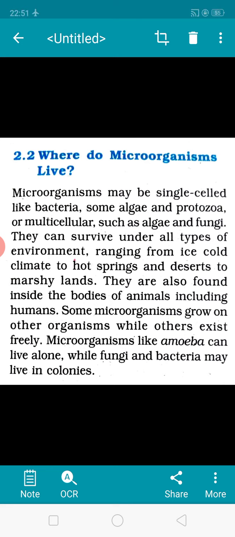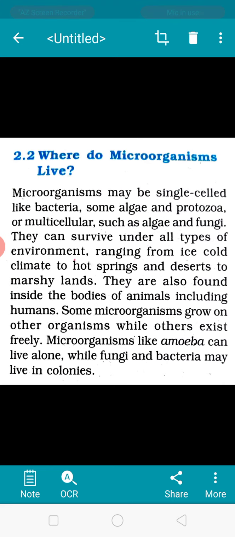Some microorganisms grow on other organisms, while some others exist freely. That means some organisms have to depend upon other organisms, but some microorganisms can live independently. Microorganisms like amoeba live alone. But microorganisms like fungi and bacteria may live in colonies.